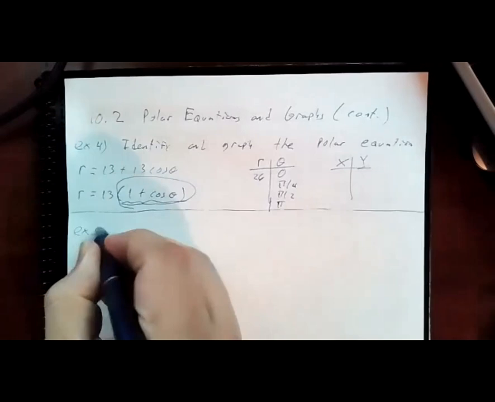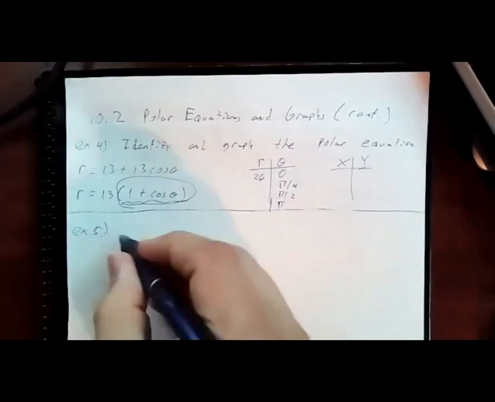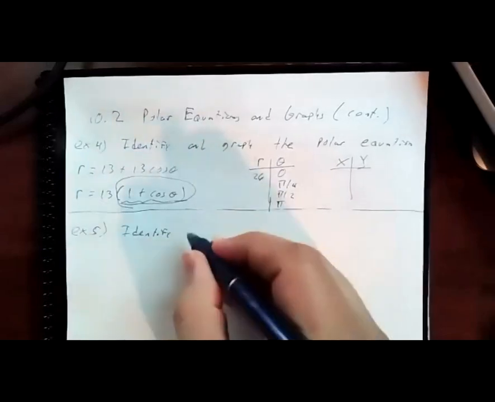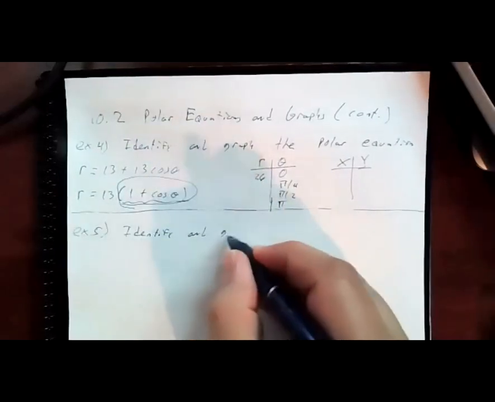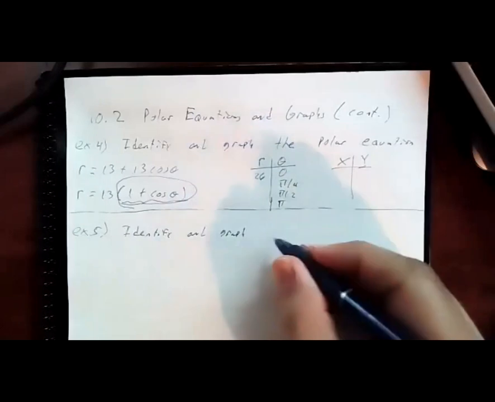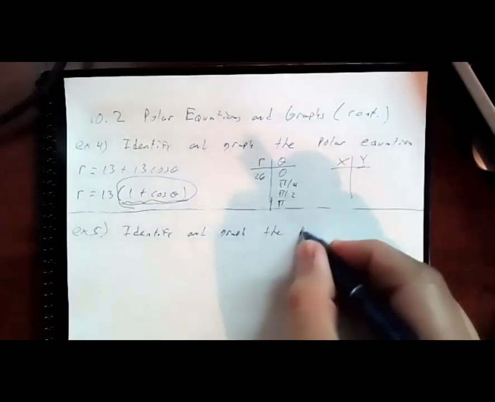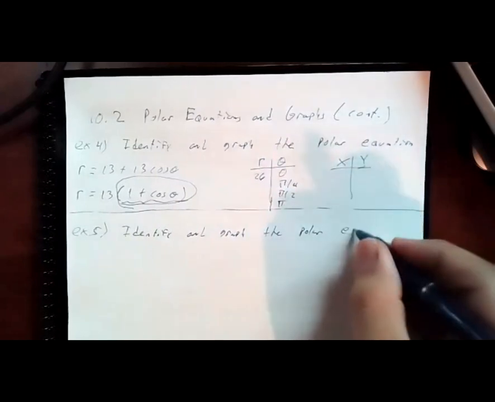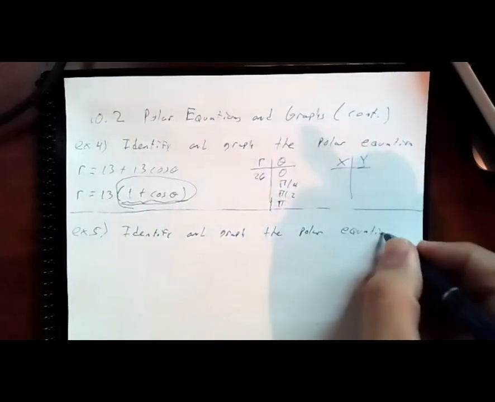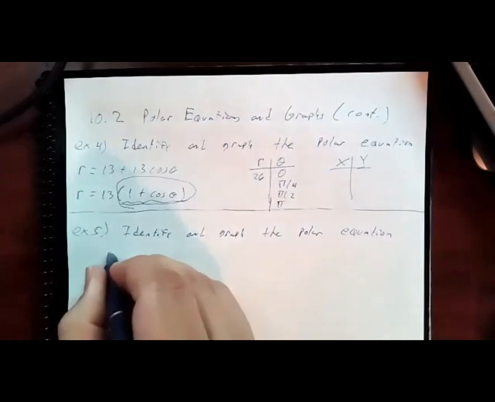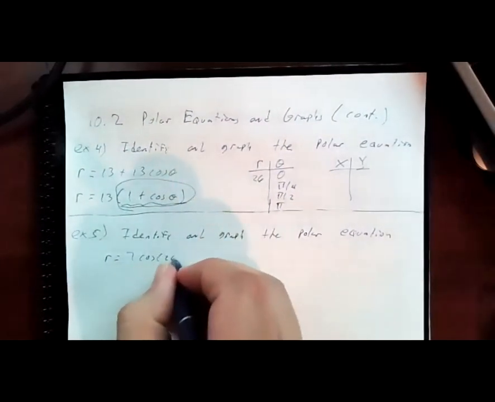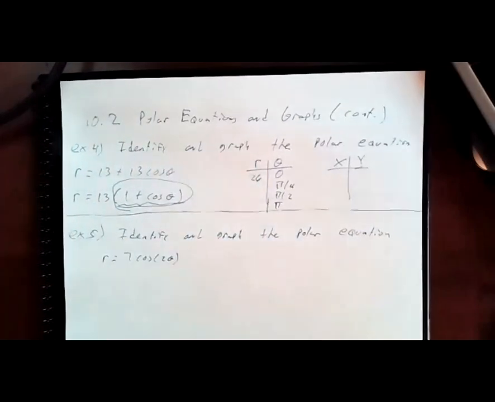Okay, so the next one is identify the graph. Same deal. r equals 7 cosine 2 theta. So that double angle is giving you a hint as to what kind of graph that is.